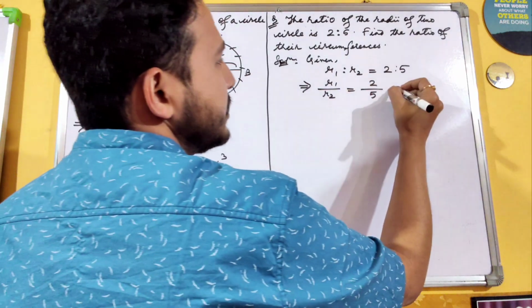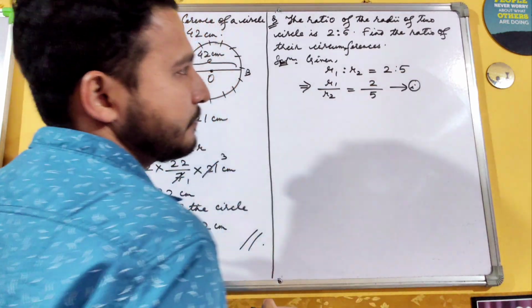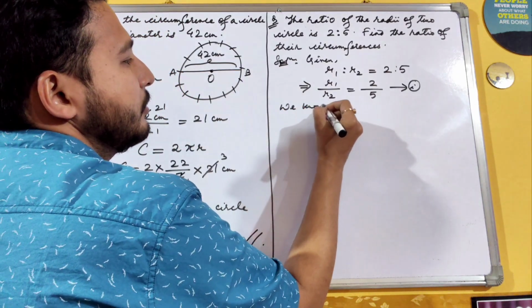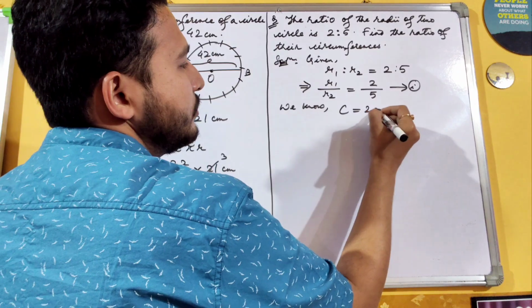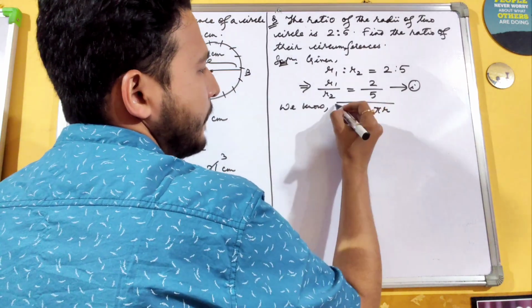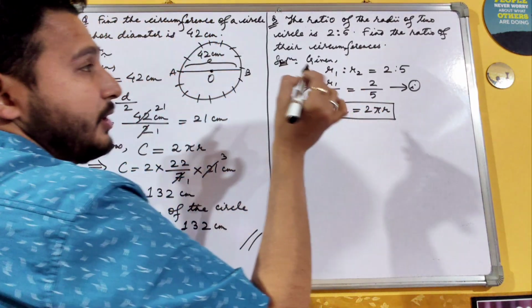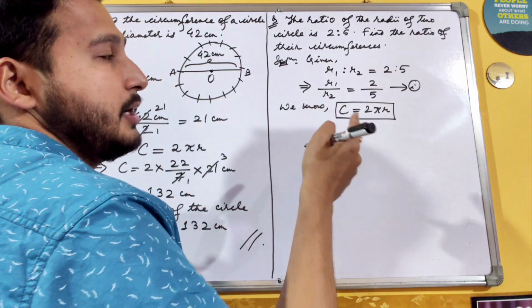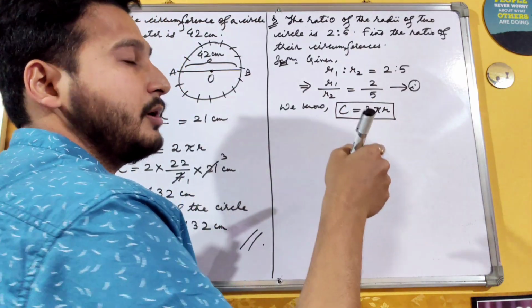Put this as equation 1, and we know circumference C is equal to 2 pi r. Now you can find the ratio of the circumferences, which is C1 by C2, because you can put 1 for circle 1 and 2 for circle 2.